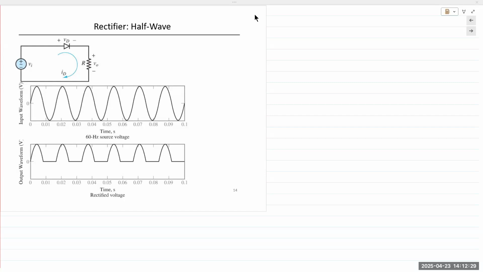All right, diode half wave rectifier. So half wave, as the name suggests, is only going to rectify half of the AC waveform. When we say half, we are referring to one full cycle of the waveform.